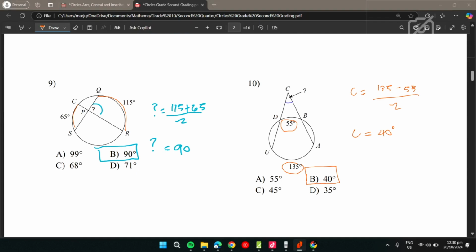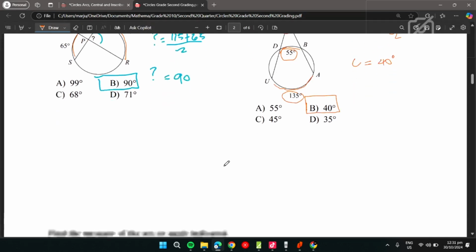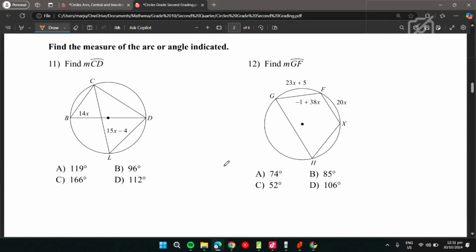If two secants intersect outside the circle, the angle formed at the intersection is just 1/2 of the difference of the far arc and the near arc. That's the property, that's the theorem.